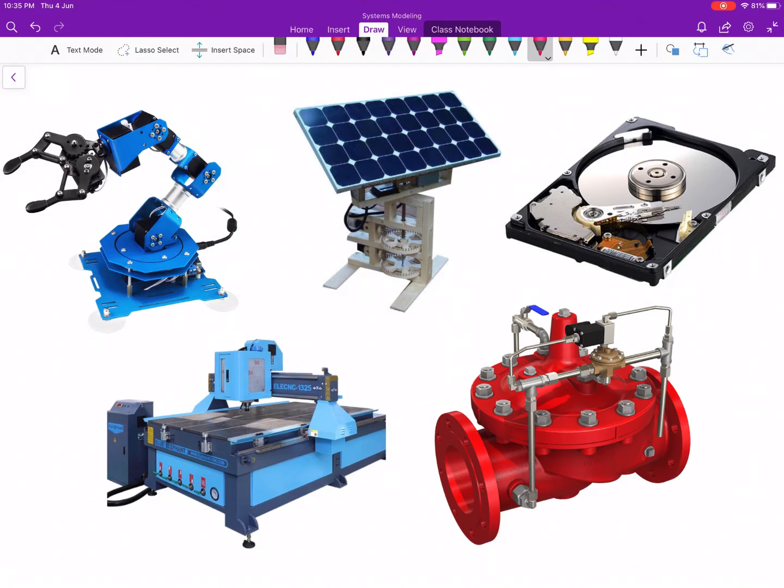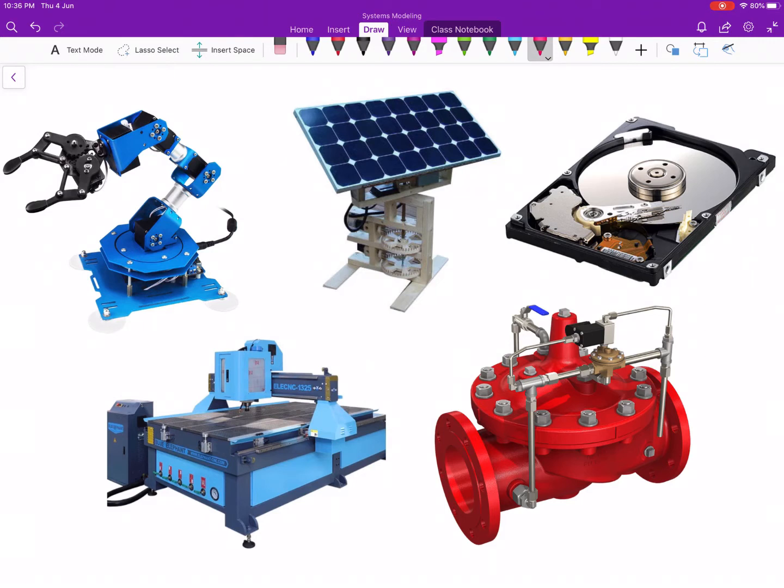Applications of electromechanical systems vary from industry to industry. In the automotive industry, applications are such as braking systems, your electric windows, windscreen wipers, etc. It's also applied in the robotics industry, such as your robotic arms and your crane systems.